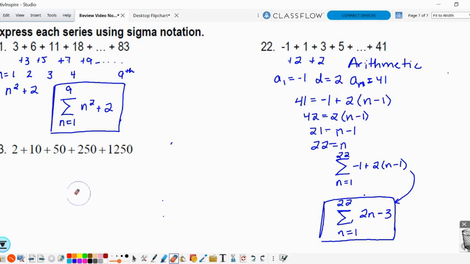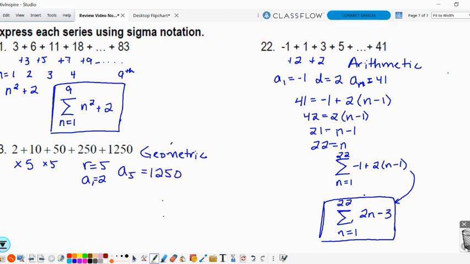As we look at 23, 2 to 10, 10 to 50, we're not adding the same value, but we are multiplying by 5 every time. So our common ratio is 5. That makes this geometric. We know that our first term is 2, and we can see all of the terms. So we're adding to the 5th term, which is 1,250.